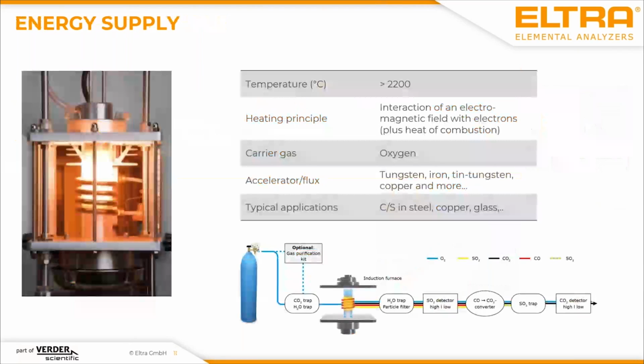Let's look at the next slide, how the furnace works. The furnace is the important part for getting our gases, which we later detect. It is an induction furnace, so it's comparable to the induction oven you have in the kitchen.